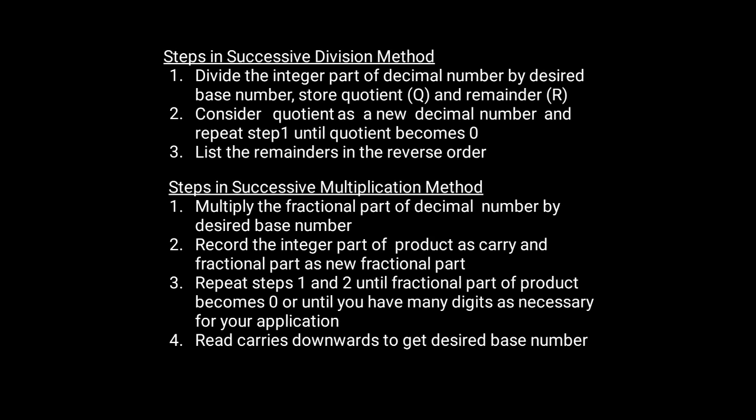Repeat step 1 and 2 until the fractional part of the product becomes 0 or until you have as many digits as necessary for your applications. Read carries downwards to get the desired base number. Means we have to list the integer parts in the forward order, means top to bottom.